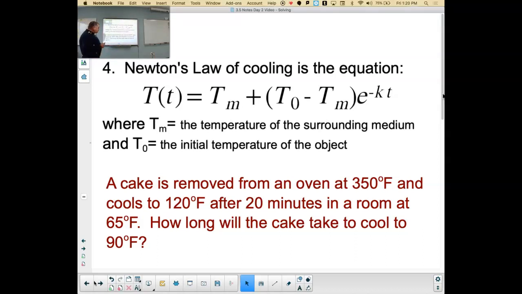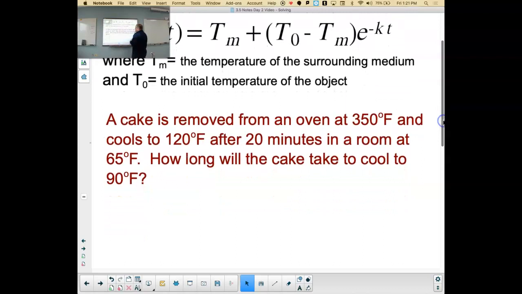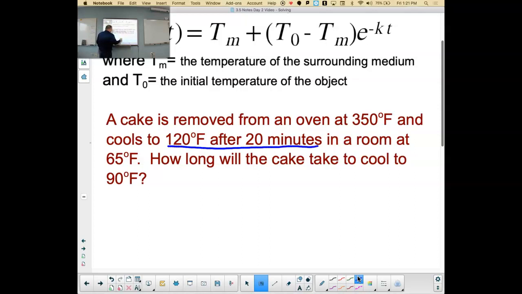Okay? Well, utilizing Newton's law of cooling, we know the fact that it has cooled to 120 degrees after 20 minutes. So we know T of t. We know T sub m, the temperature of the surrounding medium, that's 65 degrees.